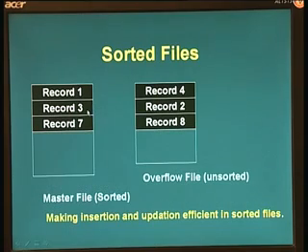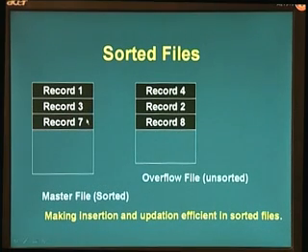In fact, this record has to appear between record 3 and record 7 physically in the file. That means that we have to physically move record 7 below and then insert record 4 here so that the file remains sorted. This is an extremely expensive operation, especially if a lot of insertion operations are taking place.